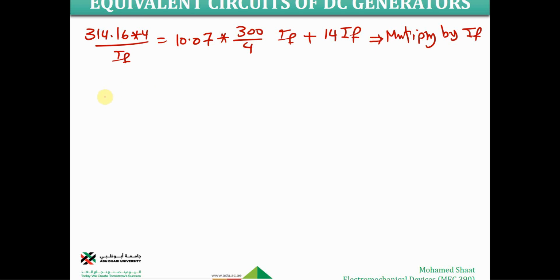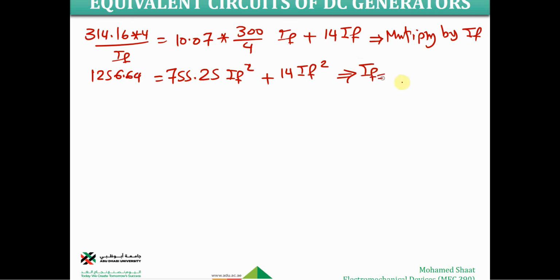So this term on the left is 314.16 times 4. This is going to give us 1,256.64, and this term will be 300 times 10.07 divided by 4. This is going to give us 755.25, but IF squared, because we multiply times IF, plus the 14 IF squared.